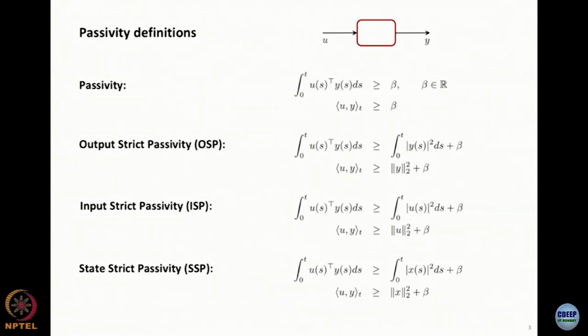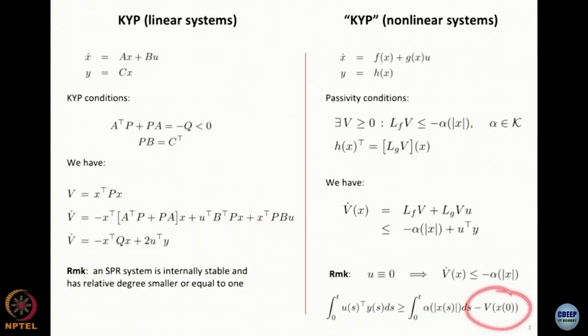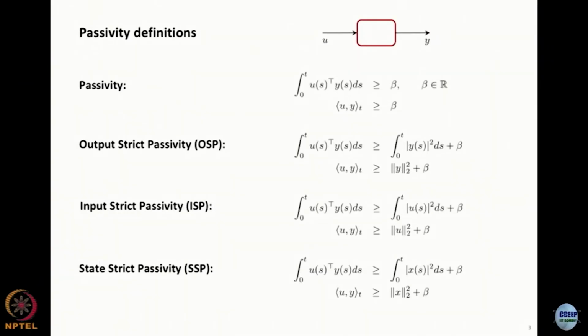And we speak of passivity if this integral is bounded from below by a real constant. So that's basically this number here. Output strict passivity, we have this, and state strict passivity, we have this.